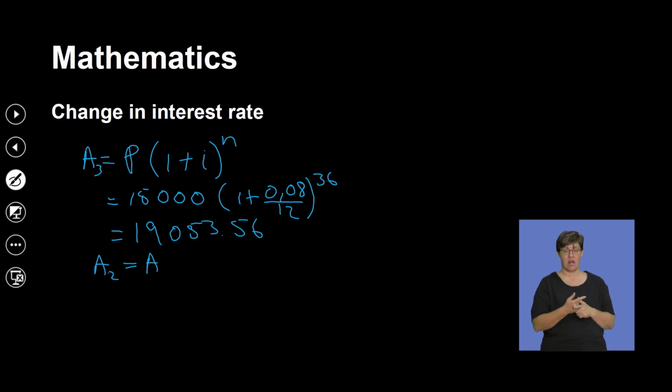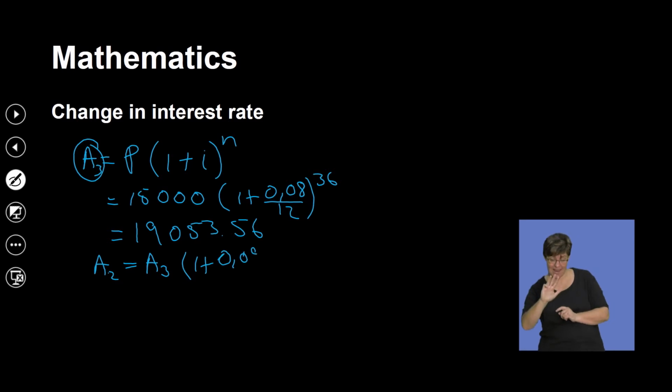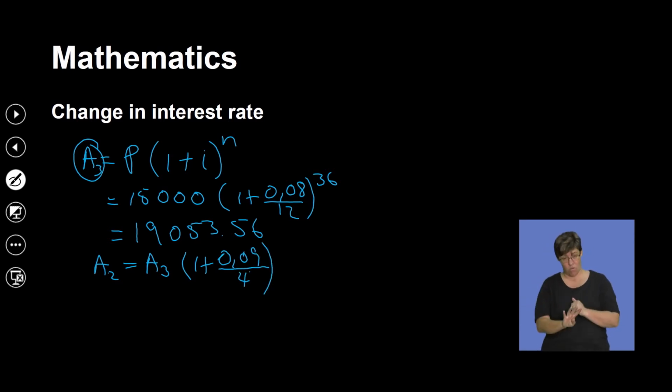The principal amount will now be the A3, what he got for the 3 years, times 1 plus the changed interest, which is 0.09 over 4. Why? Because this is now compounded quarterly, right? And this is to the exponent of, remember, it was for 2 years, so that means it's 8.